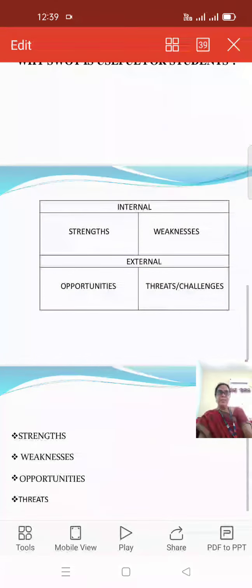And if you feel stress for having too many tasks and if you postpone things, then write them in the weaknesses quadrant. If you are learning a new course which will offer you a job in a good company, then it will be an opportunity for you. And if you are weak at using technology, then it will be a threat for you.